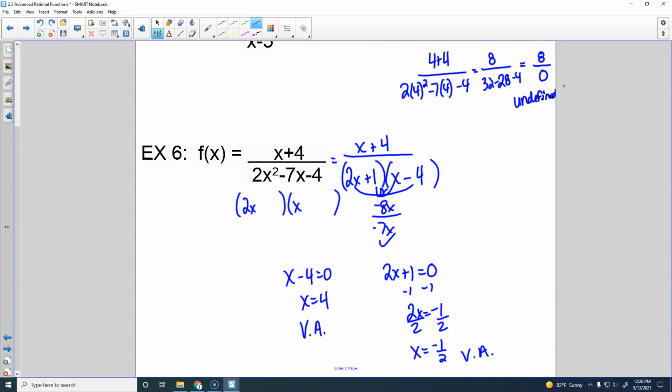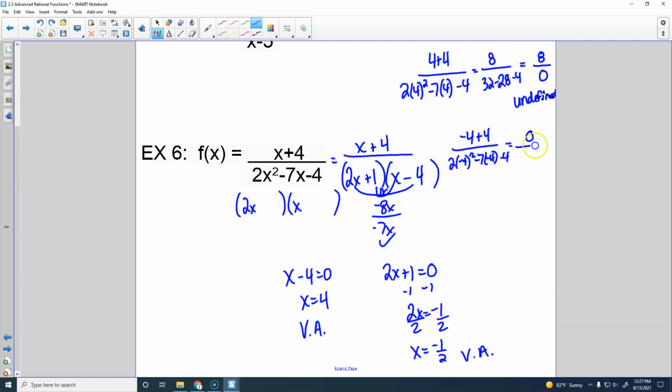Right. So the numerator doesn't matter. If I plugged in negative 4, because that's what would give me a 0 in the numerator, I get negative 4 plus 4 over 2 times negative 4 squared minus 7 times negative 4 minus 4.